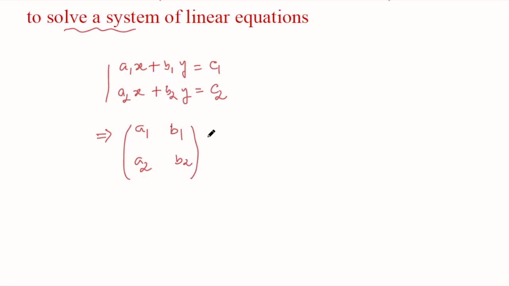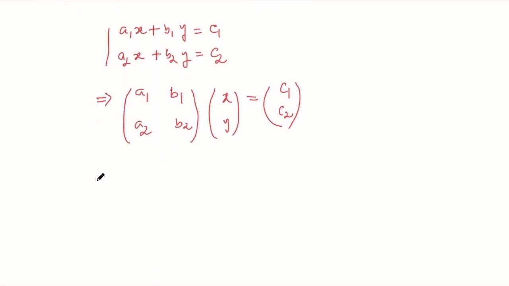This system of linear equations we can write in this way, which is equal to a column matrix C1 C2. So this matrix let us denote by A, and this column matrix let us denote by X. The column matrix on the right side let us denote by B.